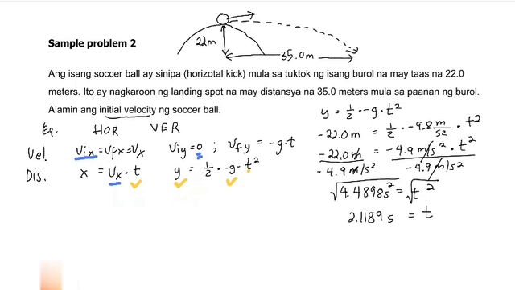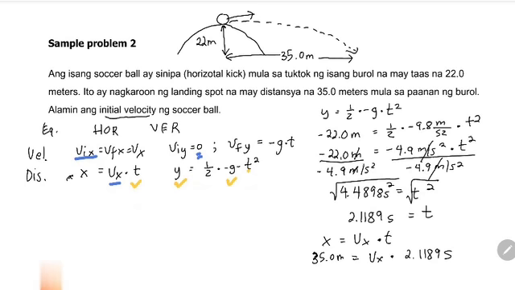Now that we are done looking for our time, let's use this equation. So x equals Vx times time. X is 35 meters equals Vx, that's the unknown, times 2.1189 seconds. That's the time.